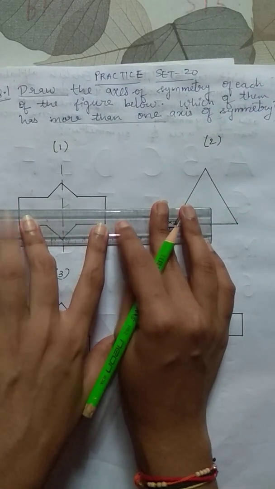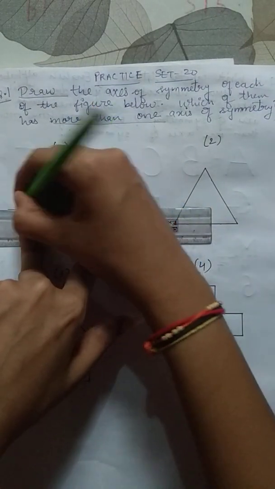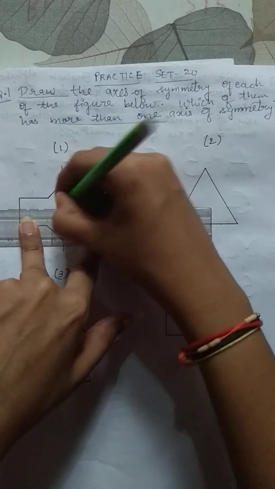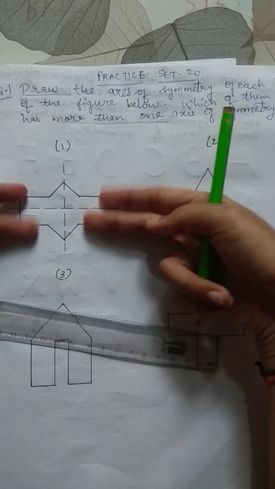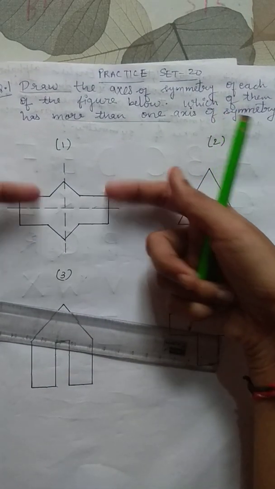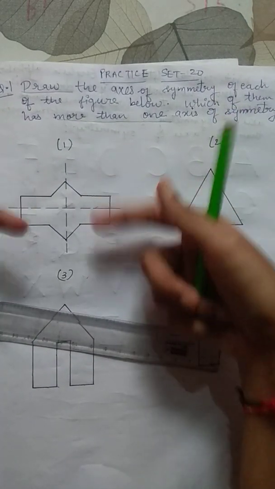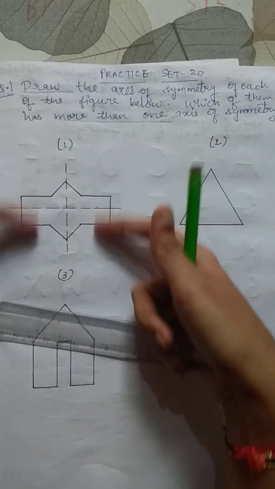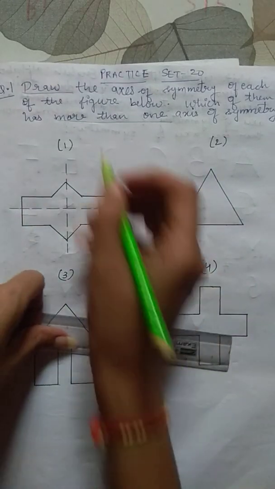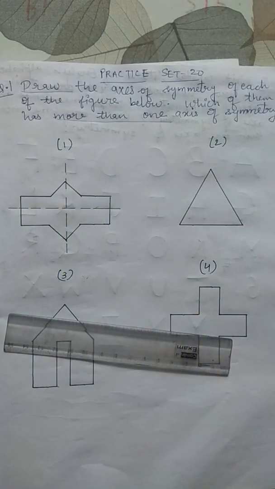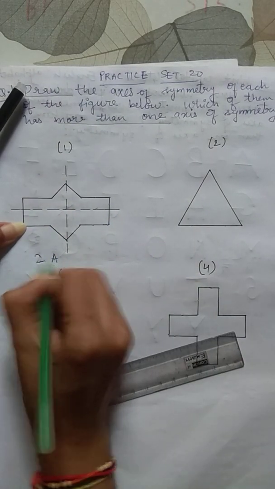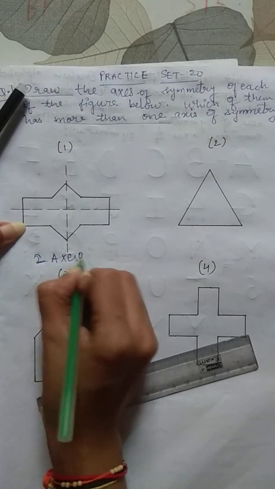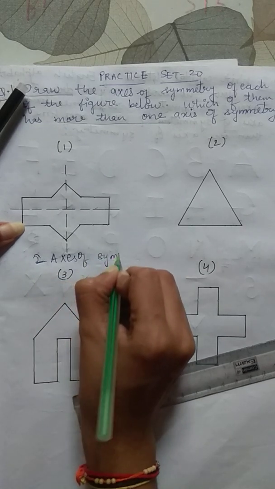Then second, I can draw like this. Again, when we fold from above, the above and below divided parts will overlap each other. So how many axes of symmetry are there in this one? Two axes of symmetry.